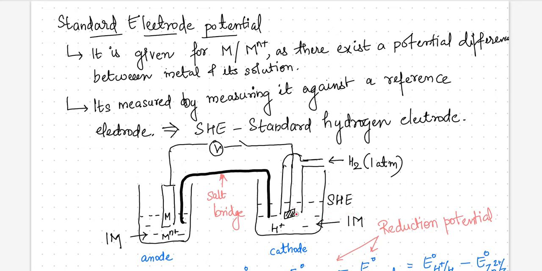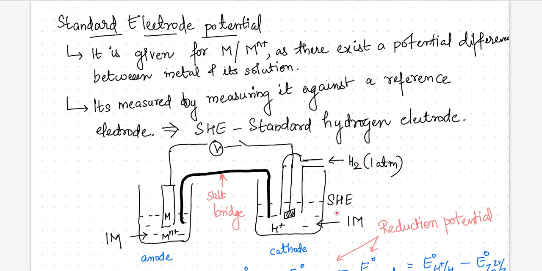Now, what is a standard hydrogen electrode? Basically, we have a platinum electrode dipped in H plus ion solution, again 1 molar concentration, and through this solution we bubble H2 gas at 1 atmosphere pressure.